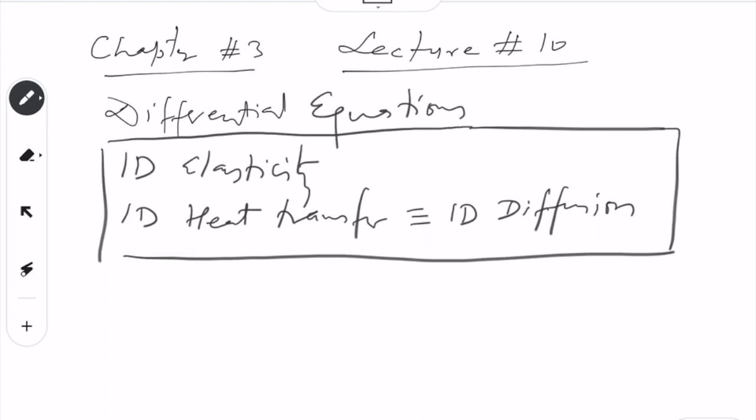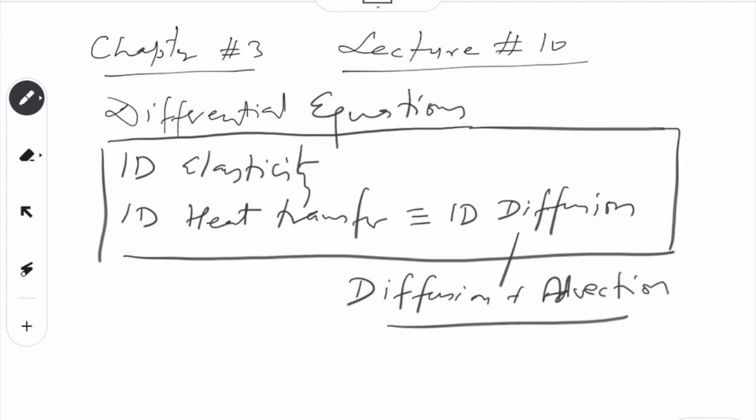There could be some diffusion plus advection, and all those things we will see later on. Heat transfer also will have different kinds of things, like there will be conductive heat transfer, convective heat transfer.